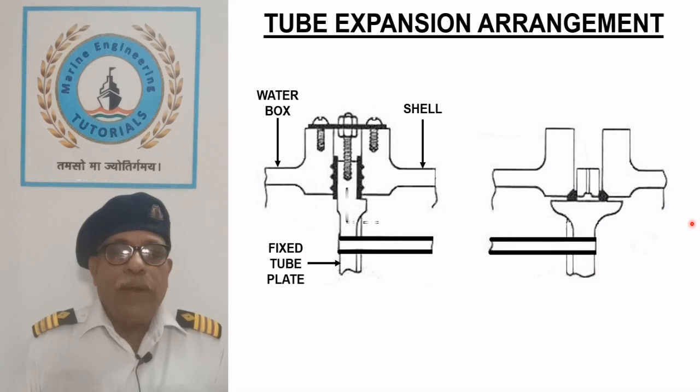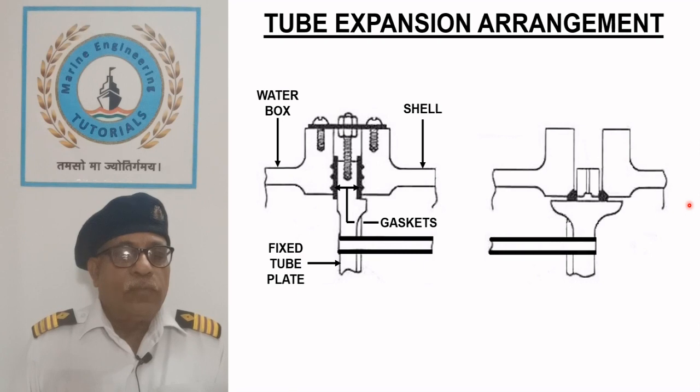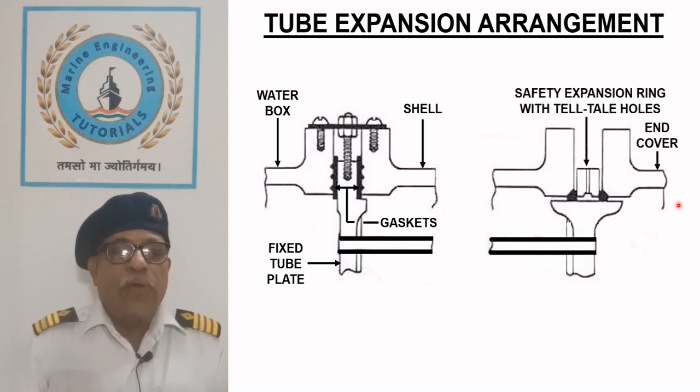Sealing of the tube plate with shell and water box is achieved by fiber gaskets on both sides. A safety expansion ring is sandwiched between shell and end cover.